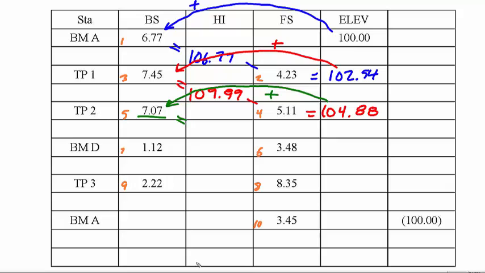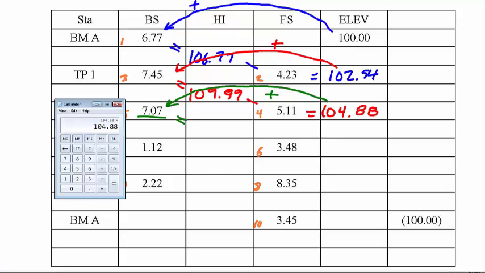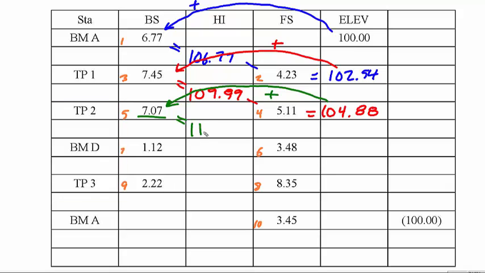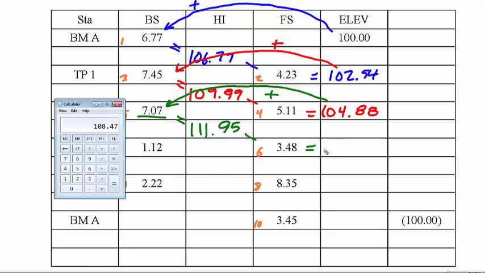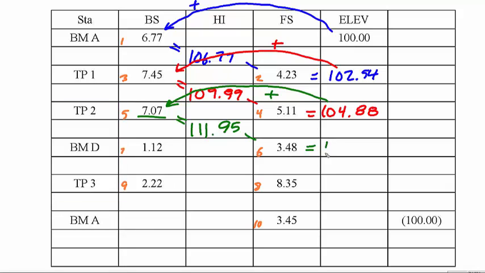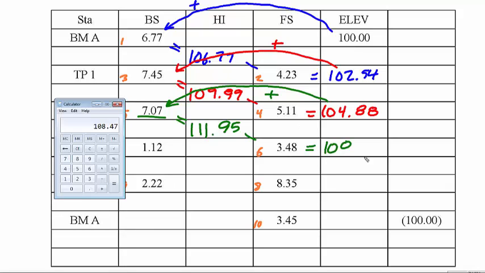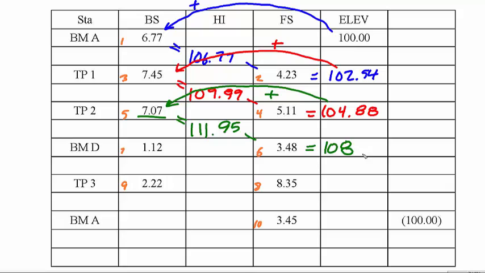So 104.88 plus 7.07 gives 111.95. Once again, I will subtract the foresight. And subtracting 3.48 gives a result of 108.47. Now, that is the computed elevation for benchmark D.